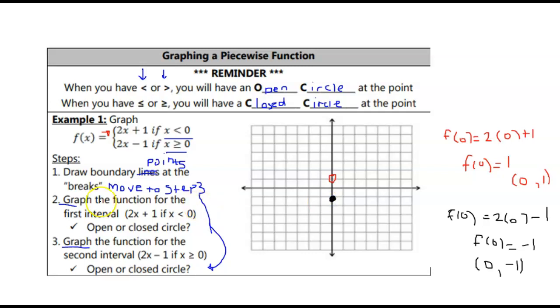And now the next step is to graph the interval for the first part of the function. Well, the first part of the function is going to be the 2x plus 1 if x is less than 0. And all I'm going to do now is just graph the line, right?